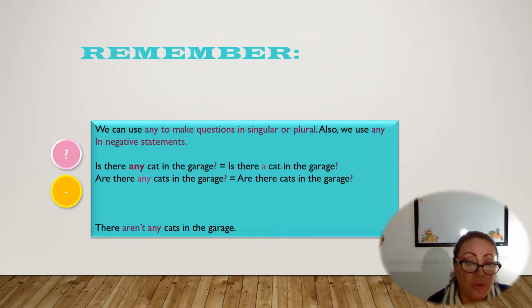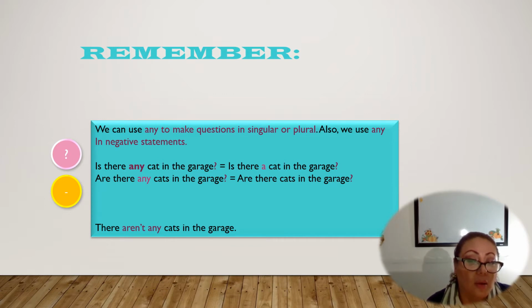We can use any to make questions in singular or plural. Any to make questions. Okay, you don't need to remember if it needs to be singular or plural. Questions, all the questions with any.